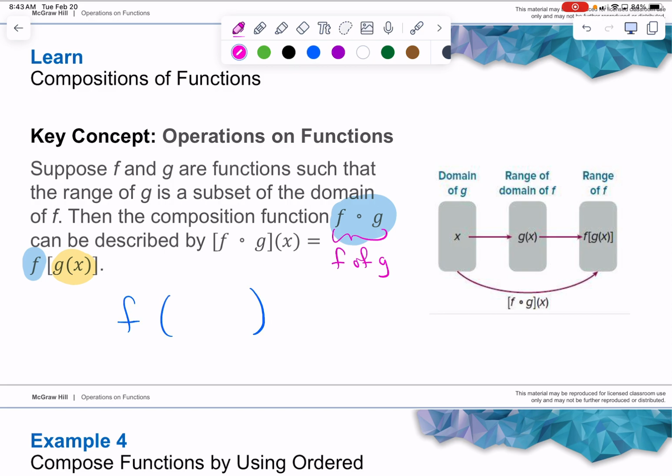And inside it, I'm putting g. So the input of f is the output of g, right? And in reality, what happens is I work these things from the inside out. I put an x into g of x. So an x goes into g. And then what I get out of that gets put into f. Okay?